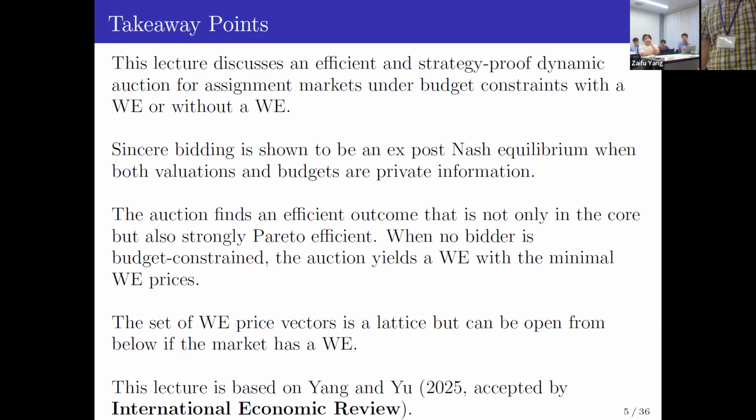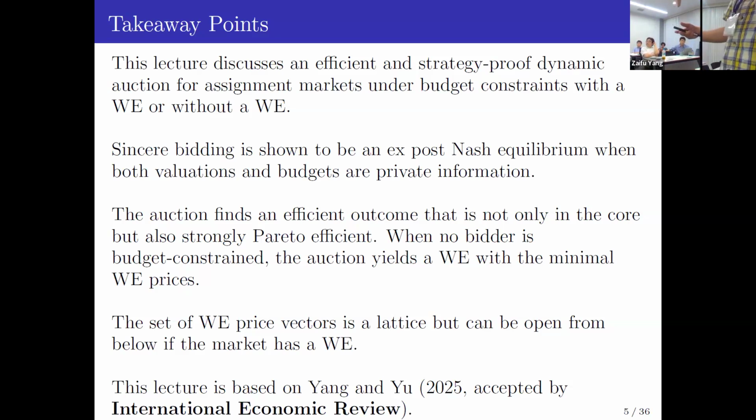We can only prove it when all agents are on the equilibrium path; off the equilibrium path, the current design is not good enough for the more desirable case. The auction can find an efficient outcome that is not only in the core, but also strongly priority efficient.